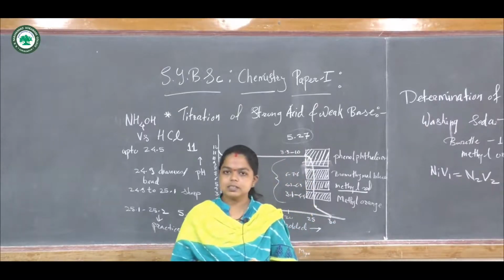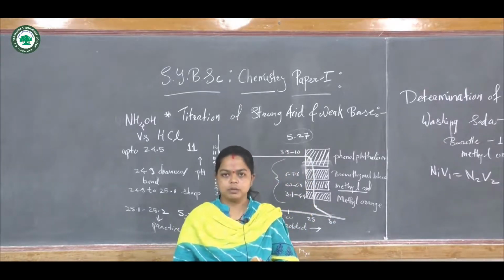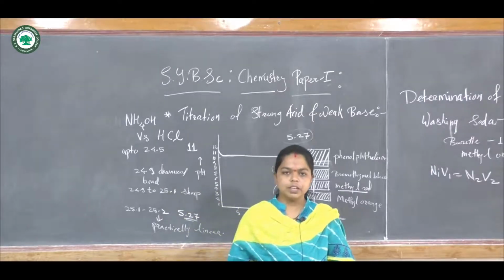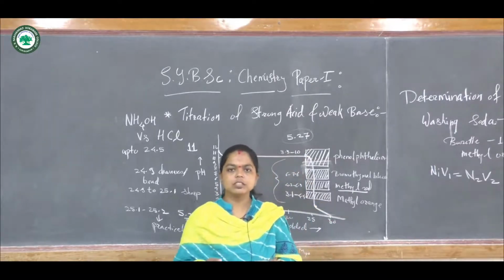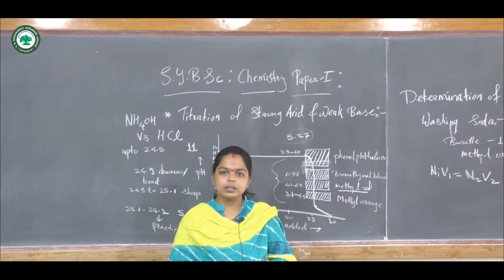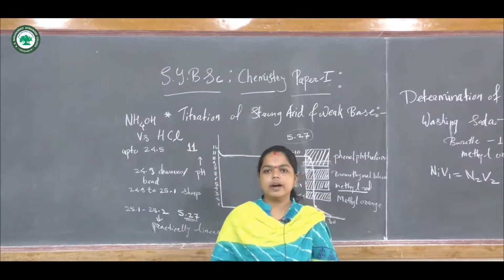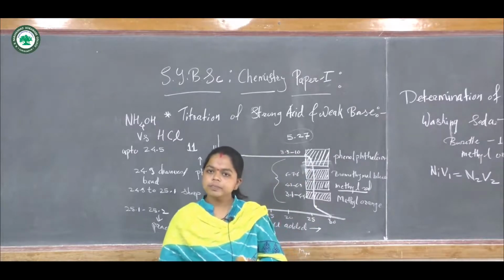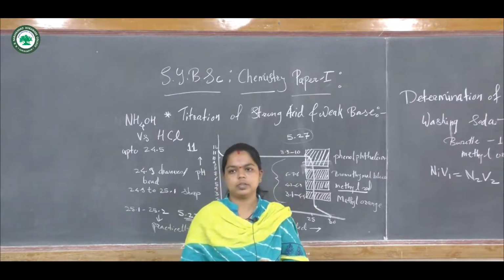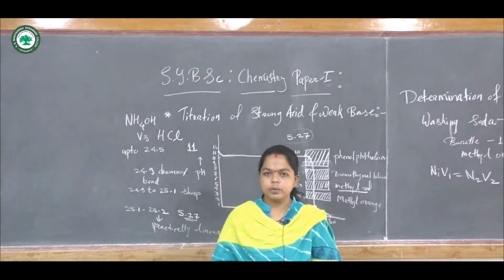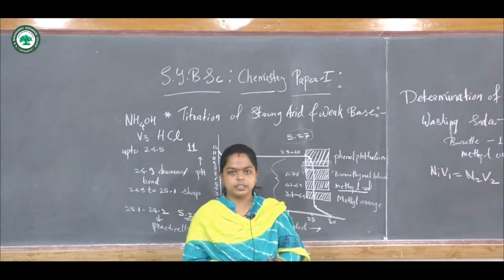Practically this type of titration is not possible, because both electrolytes are weak and they will only partially dissociate in the solution. So we are not getting the exact concentration of the ions, and we cannot find out the exact concentration of the weak electrolytes. So these are the four types of neutralization titrations.